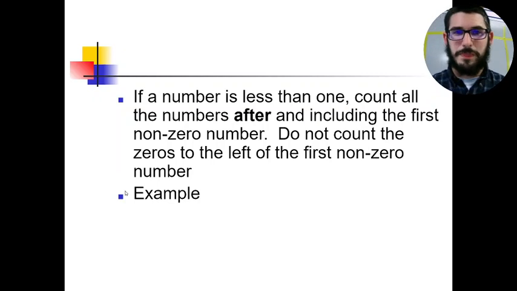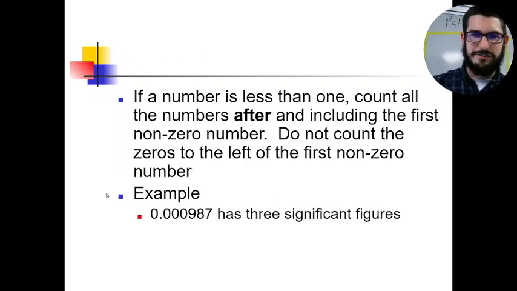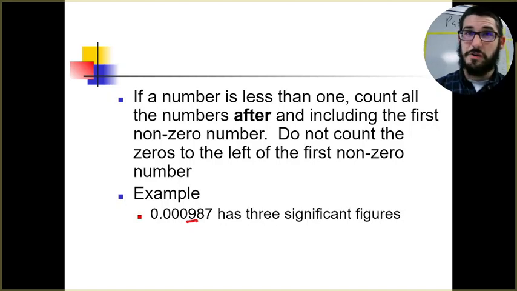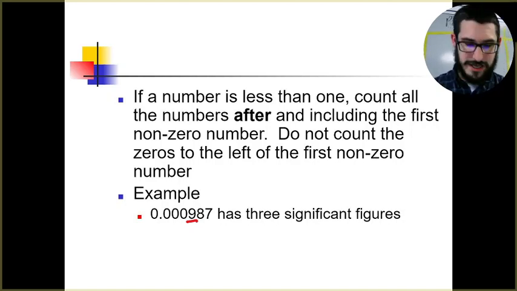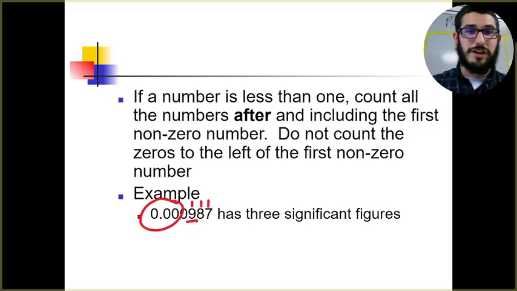So, example, 0.000987. So you're going to look and find my first non-zero, and that is this 9, and I'm going to count everything after it. So that's 3 significant digits. The zeros in front are not significant, okay?